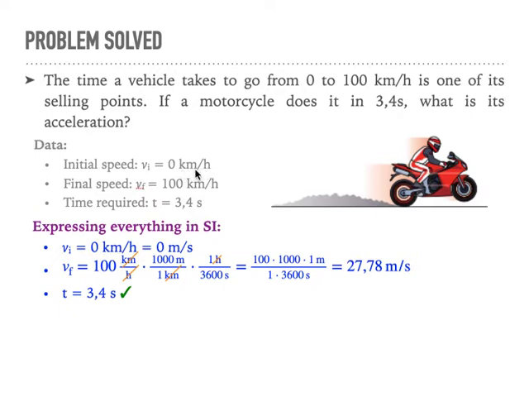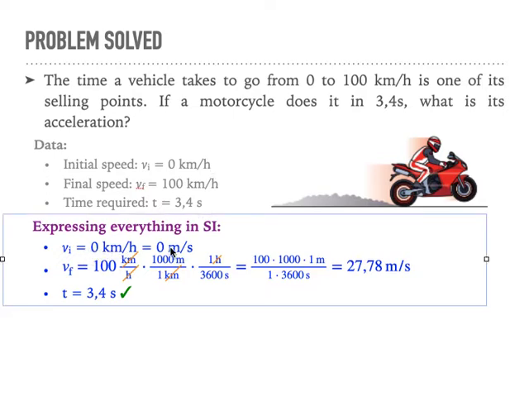So this is the first one. 0 is 0 in any unit, so I will show you how to do it later on, but in this example I chose not to do this calculation. So I'm only doing the one for the final speed, and that's 100 kilometers.